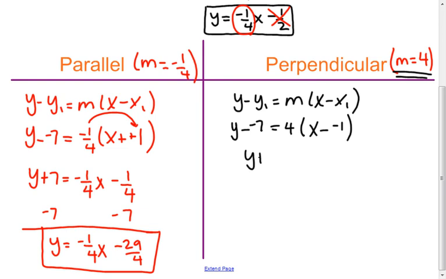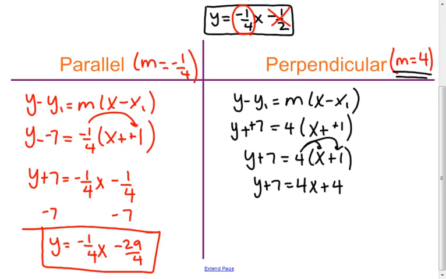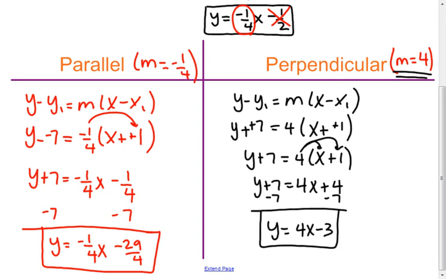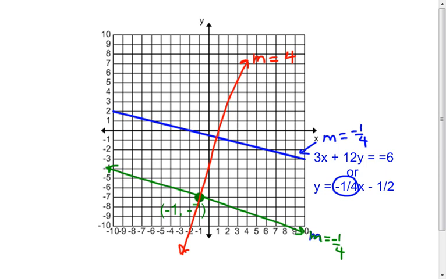So I have y plus 7 equals 4 times x plus 1, because I just went boom boom like that. Most of you can probably skip that step. I'll distribute the 4 through. And when I distribute the 4 through, I have 4x plus 4. And then, of course, subtract the 7. So I have y equals 4x minus 3. And that is it for this lesson.